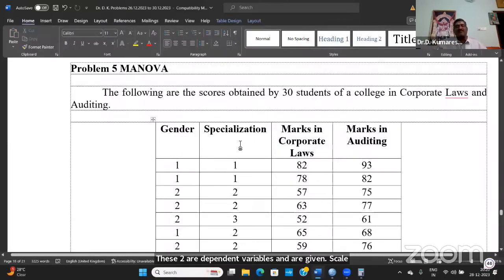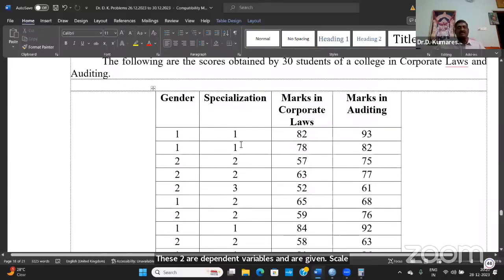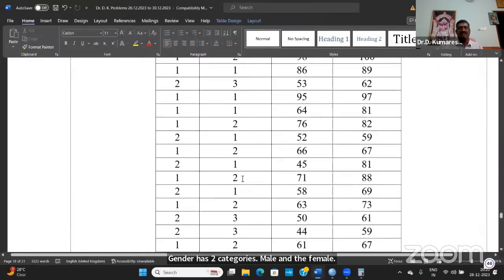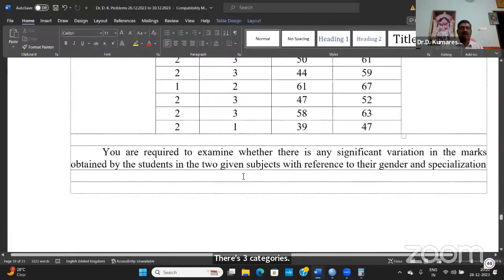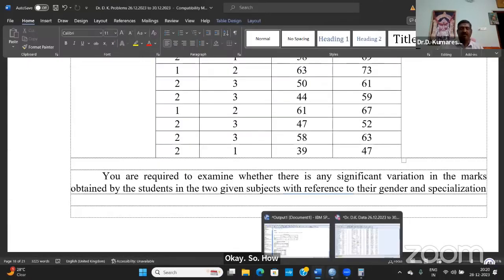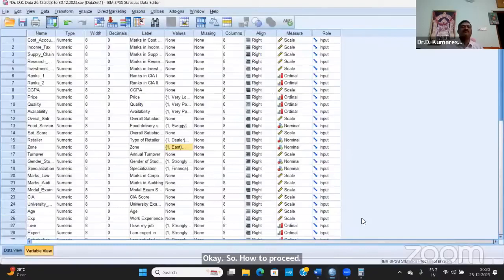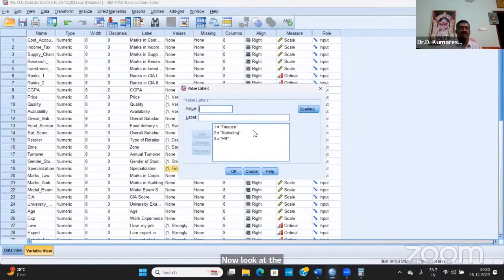Gender and specialization are independent variables. They are given in nominal or categorical data. Gender has two categories, male and female. Specialization has three categories. How to proceed? Go to the data. Now look at the specialization. Three specializations: finance, marketing, and HR.